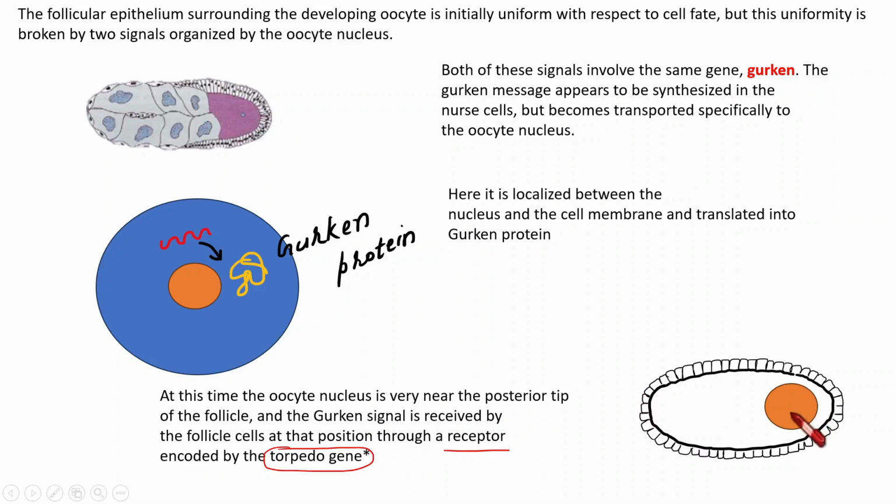That oocyte is located near the posterior follicle cells, and inside this oocyte, the Gurken protein is forming and sending out that signal, and that signal is received by a receptor, and that receptor is encoded by the torpedo gene. So that's what is showing: the Gurken protein is bound by the receptor encoded by the torpedo gene.